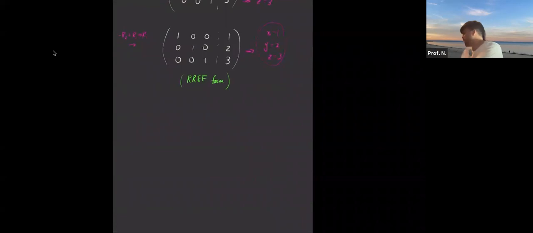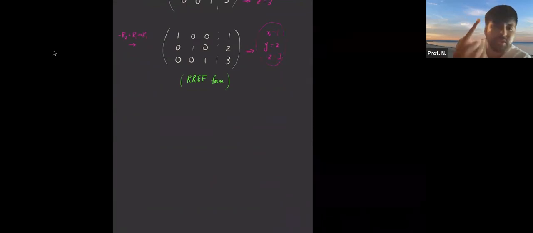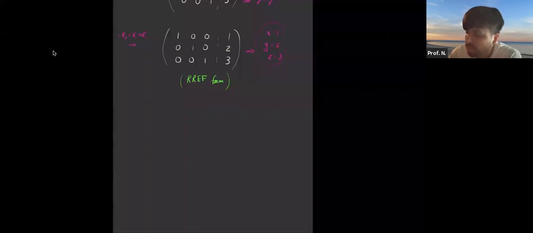So that's row reduced echelon form, row echelon form. In this particular example, we have one solution. We're not always going to be saying one solution. We're going to be using a more precise way of saying it.